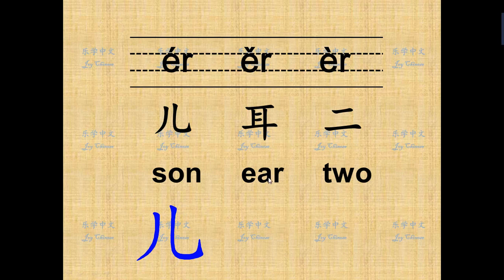Let's write it. The first stroke from the top. Second, third, fourth, fifth, and the last one, close everything. And for the number 2, it's easy, just two strokes. 1, 2.